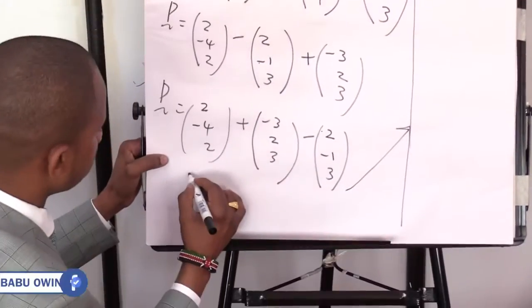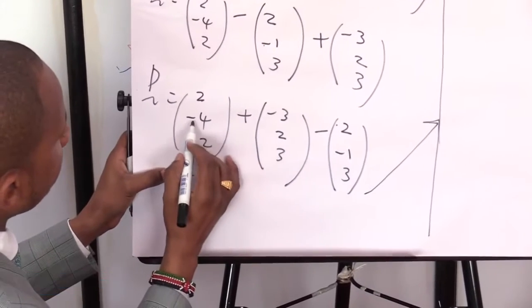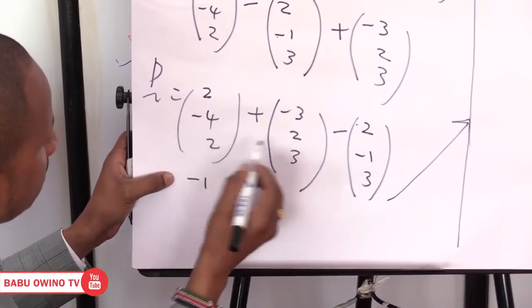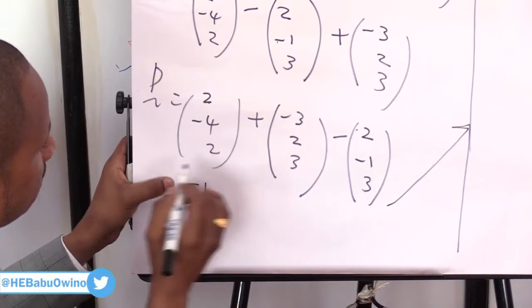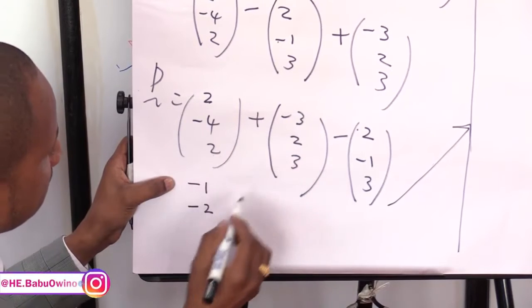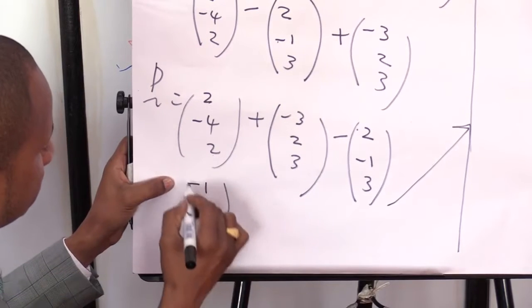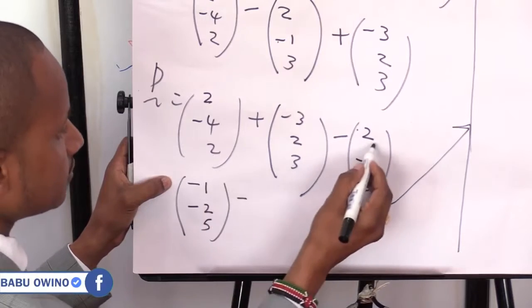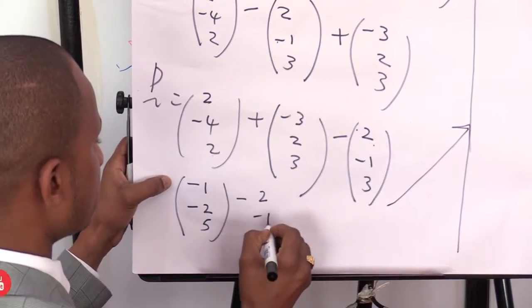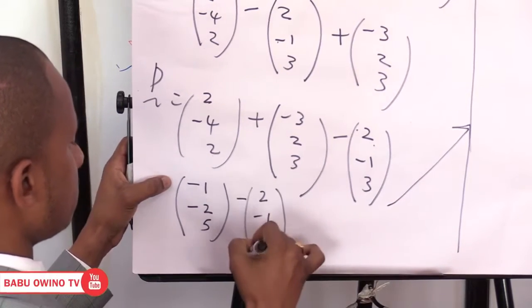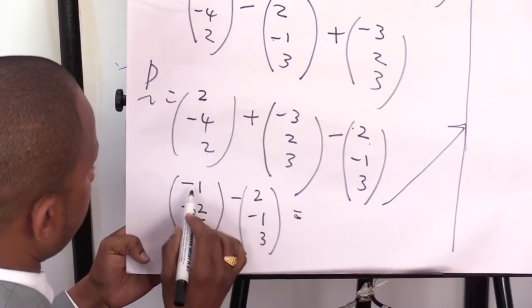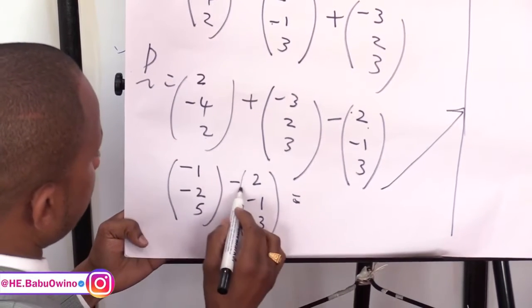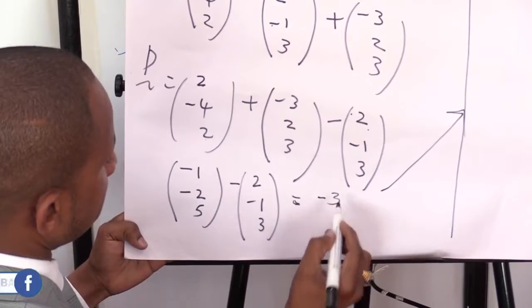Okay, from here, -1. Then -4 plus 2 is the same as 2 minus 4, which is -2. Then 2 plus 3 is 5. This minus the value here, (2, -1, 3). So from here, what do we get? -1 minus 2 is -3.